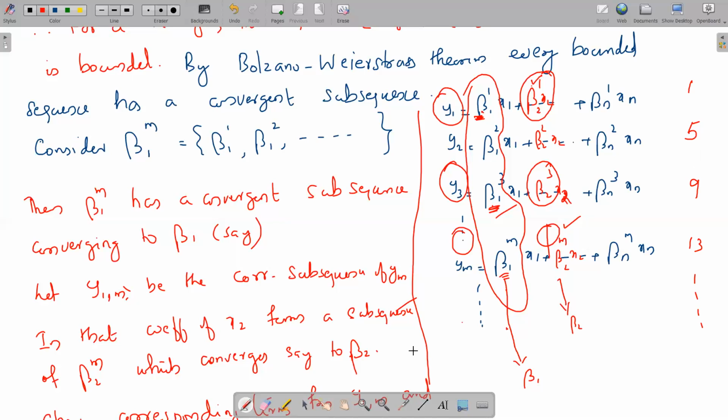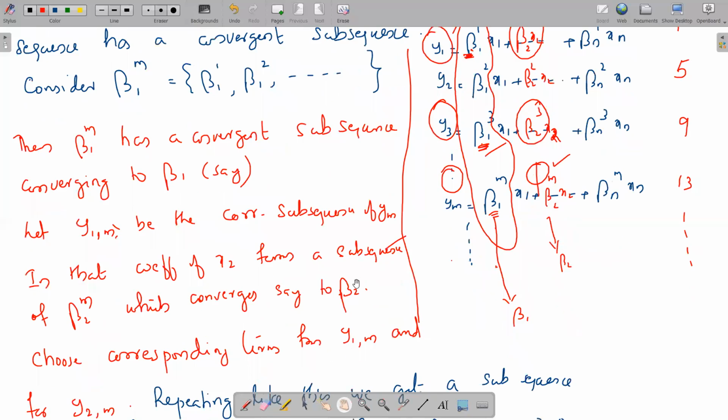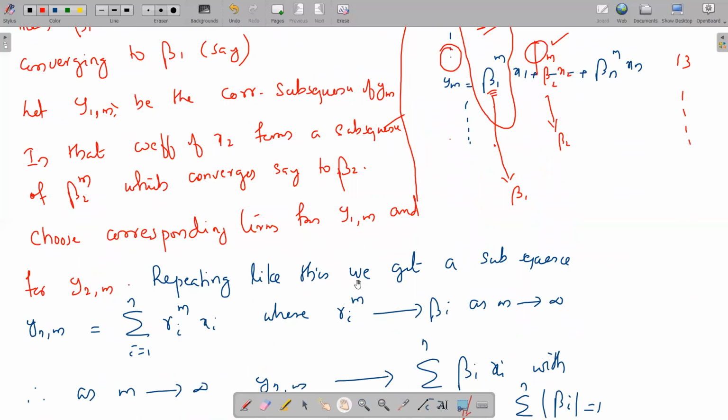And we repeat this procedure to get a subsequence ynm, which is sigma i from 1 to n gamma im xi, where this gamma im converges to beta i as m tends to infinity.